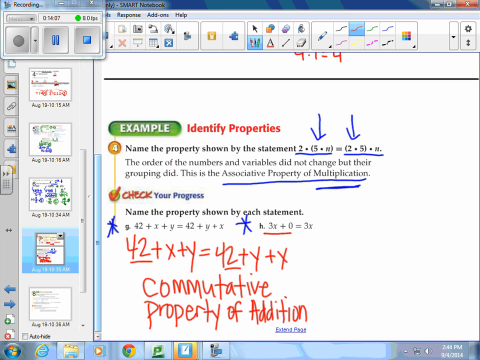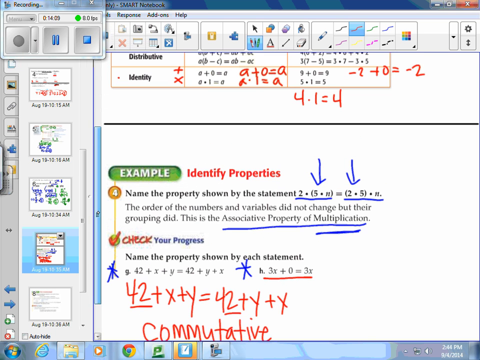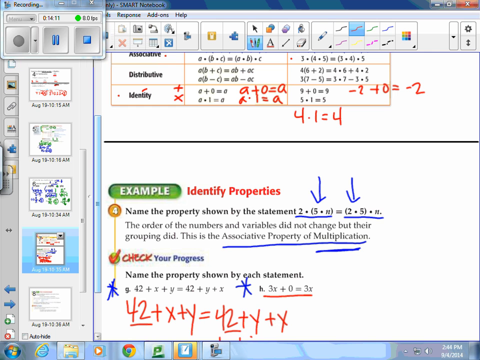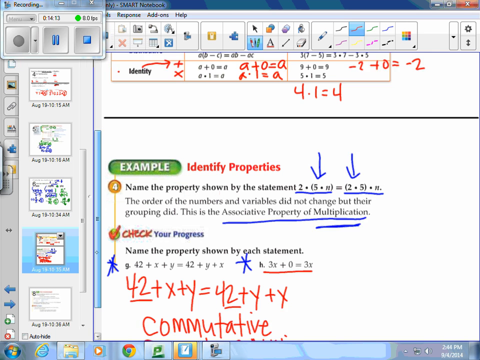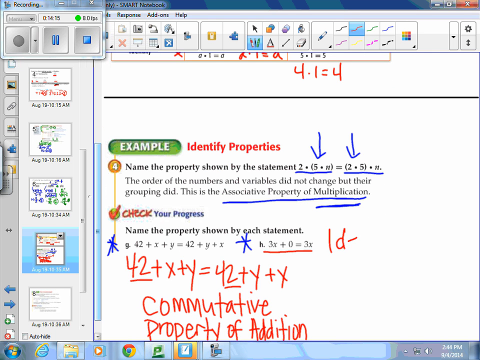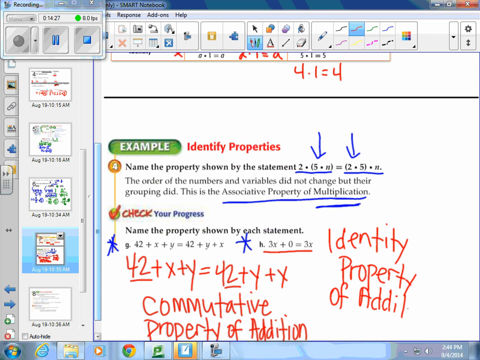And 3x plus 0, adding 0 here, we would call the identity property of addition, or you can just say the identity property.